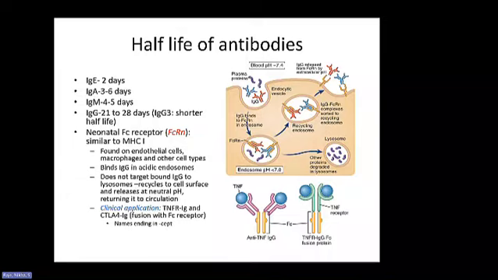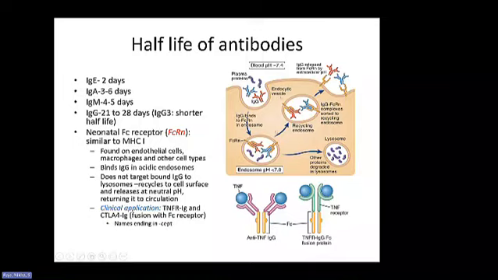In the acidic endosomes, when the IgG is bound to FcRn, it will not be targeted for degradation by lysosomes. So then those immunoglobulin molecules bound to FcRn are recycled to the surface and released into neutral pH of the circulation, right?